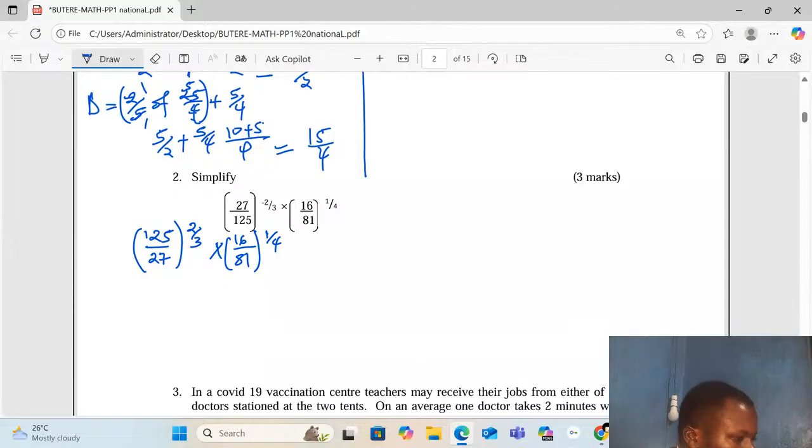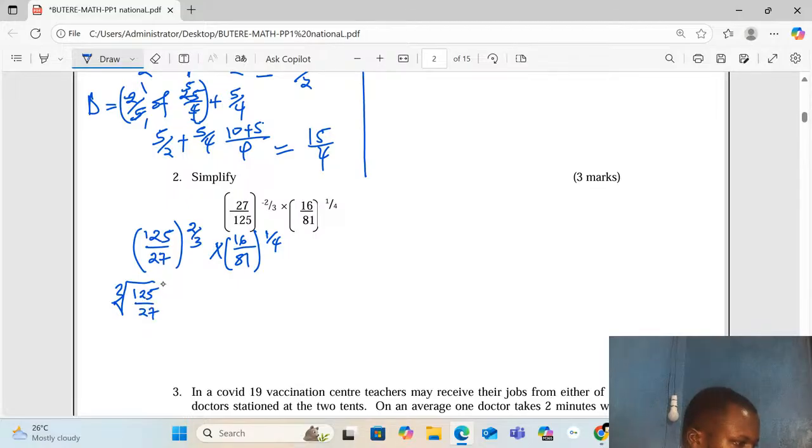Then for us to do away with the power 2 over 3, we look for the cube root of 125 over 27.